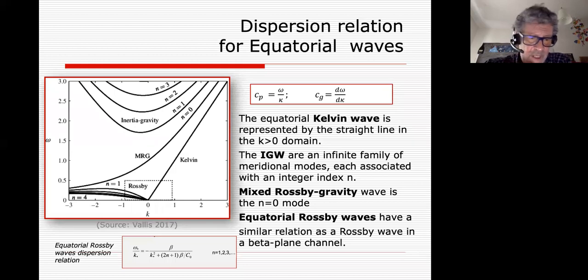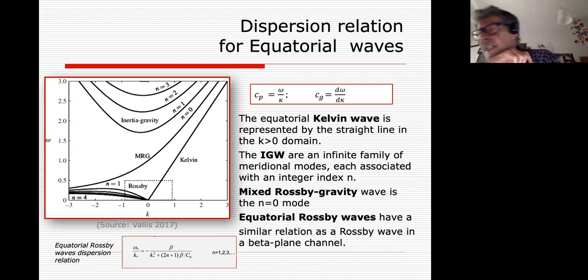Omega is the angular frequency, k is the wave number, beta is the beta term, so the meridional derivative of the Coriolis term, and c is the phase velocity of the Kelvin wave.